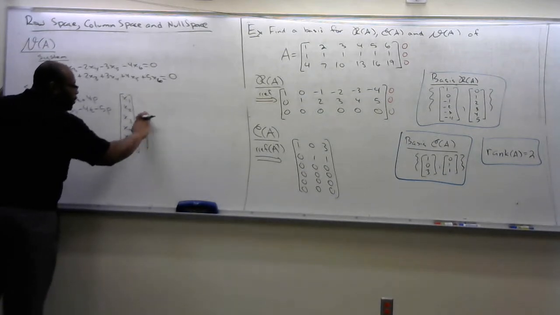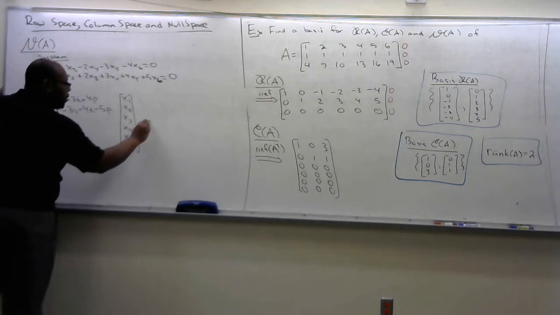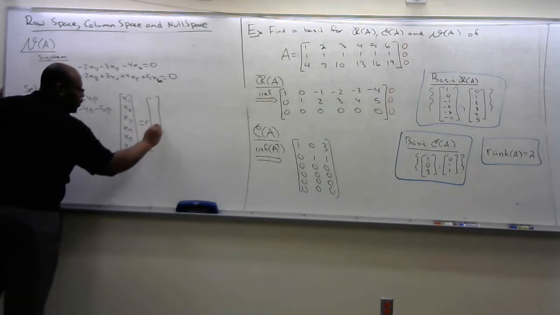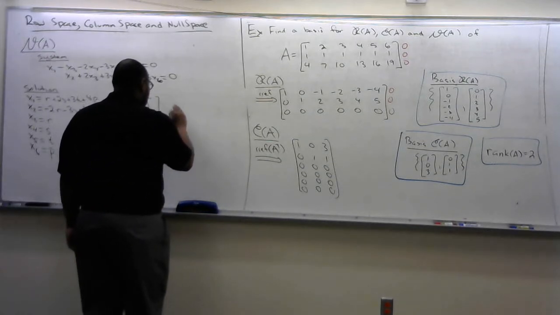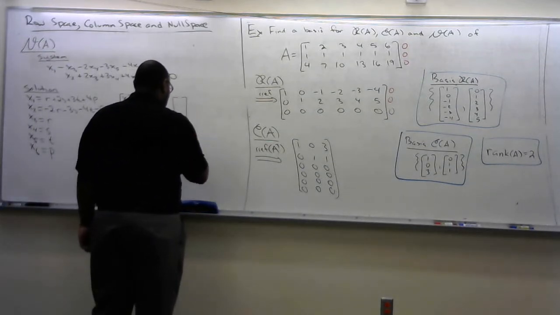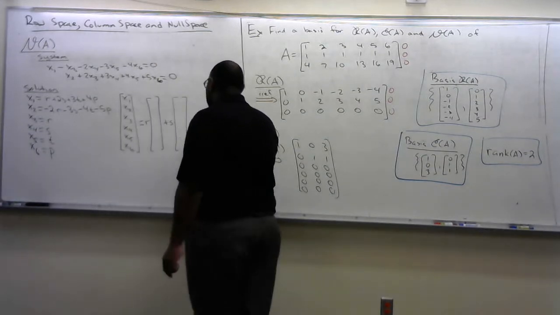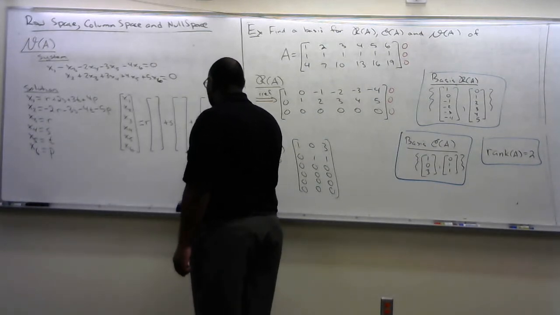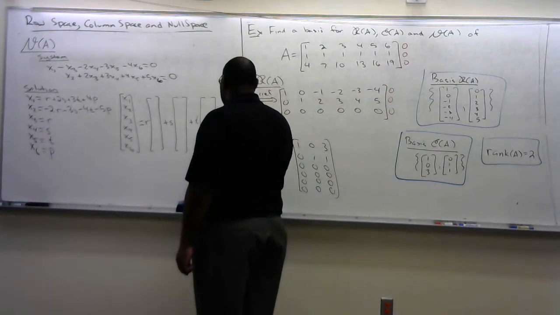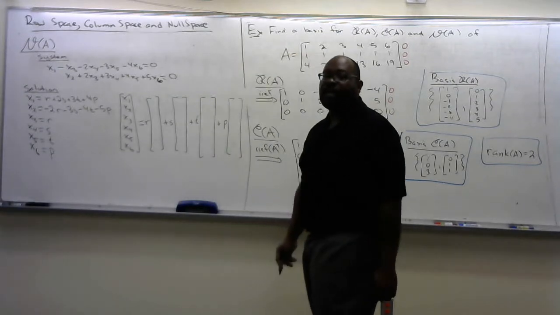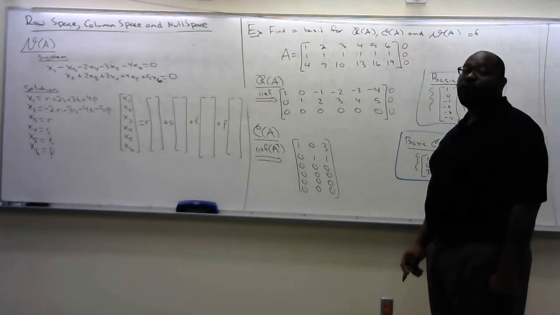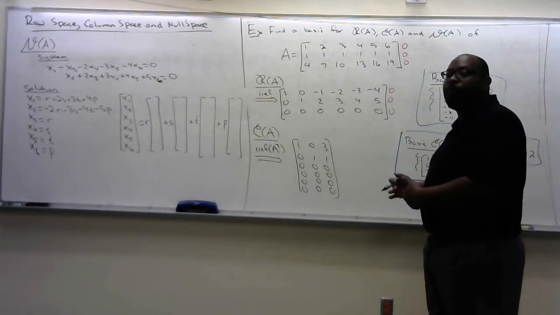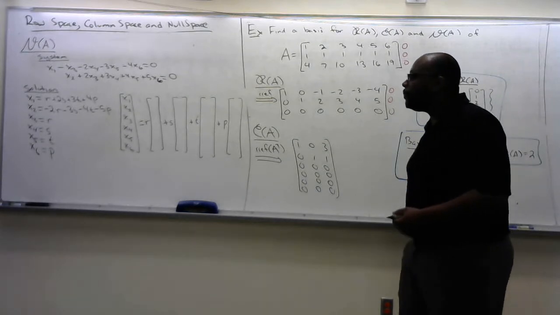I have one vector that's going to be multiplied times r, one vector multiplied times s, one vector multiplied times t, and one vector multiplied times p. Each one of these vectors represents one of my basis vectors. Notice that I have four vectors, one for r, s, t, and p. That corresponds to my nullity.